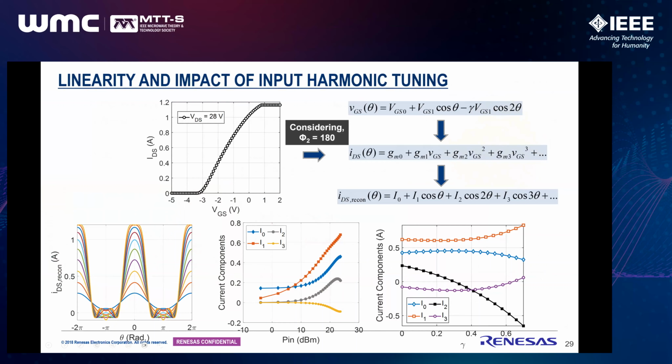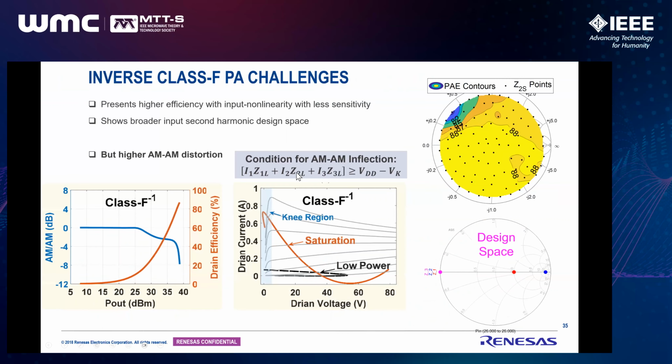What happens if we check for different values of gamma, we can see that the second harmonic current component of the drain current can start positive, and after a certain value it can go negative. That gives the clue that, if we come back to this equation, the condition for AMAM inflection is that the addition of all these voltage components V1, V2, and V3 has to be more than VDD minus VK.